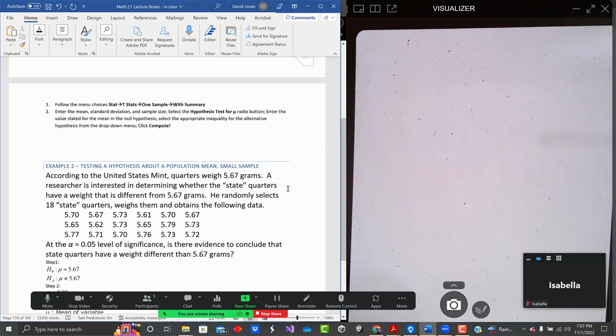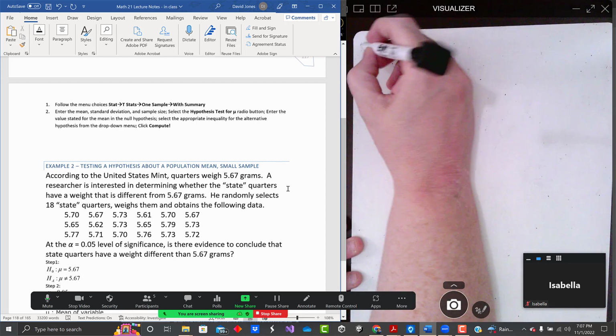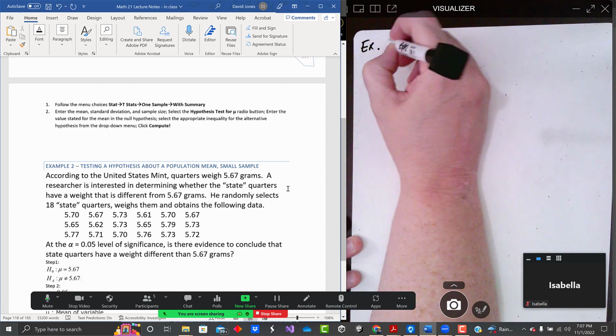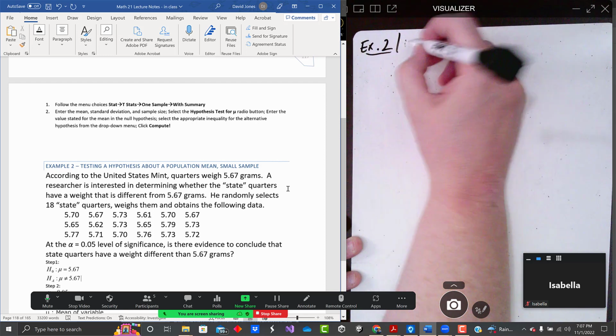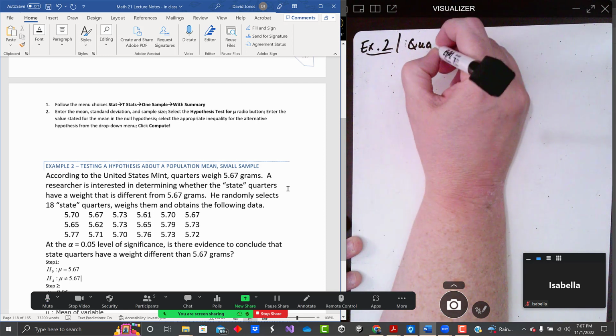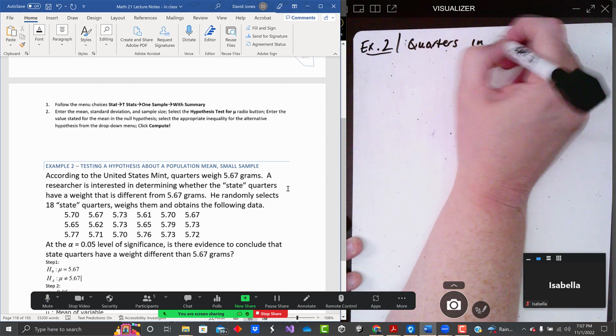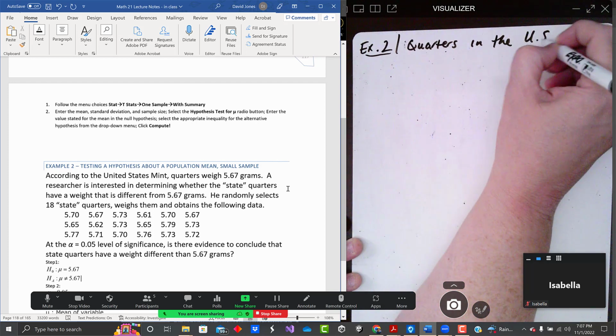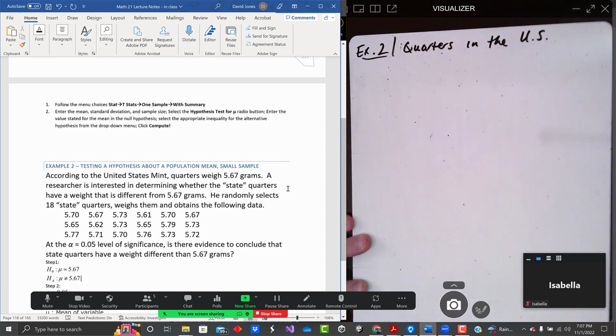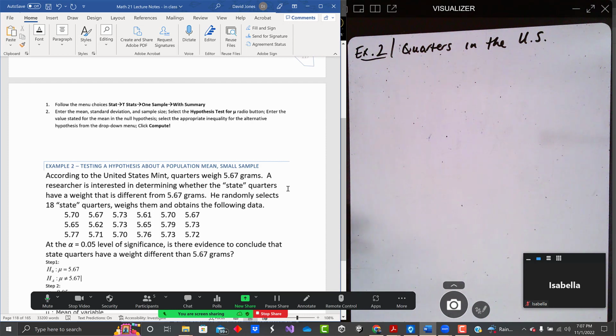Okay, so this is example 2, and this is on quarters in the U.S. It says, according to the United States Mint, the people that make the quarters, quarters weigh 5.67 grams.